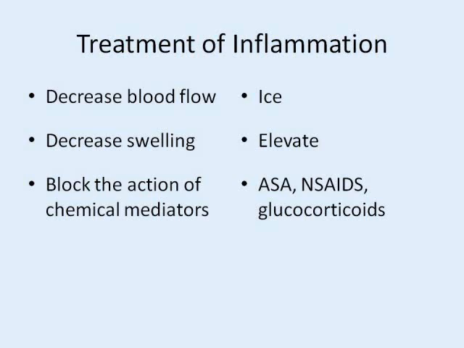Quite often we do that with drugs. ASA is aspirin. NSAIDs, that's non-steroidal anti-inflammatory drugs. That's things like ibuprofen. And then glucocorticoids. That's some of the steroids. You need a prescription for that. But isn't that typically what we do to treat inflammatory things? We put ice on it, we elevate it, and we take some aspirin or some ibuprofen.